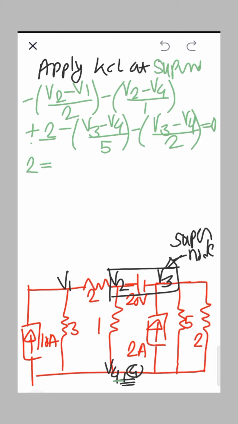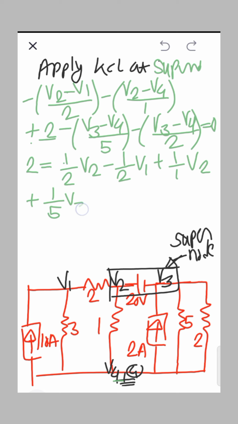So this would be 2 equal to, keeping it on the left hand side, minus 1 by 2 V1 plus 1 by 2 V2 plus 1 V2, since 1 by 1 is 1, then plus 1 by 5 V3, V4 is 0, plus 1 by 2 V3.